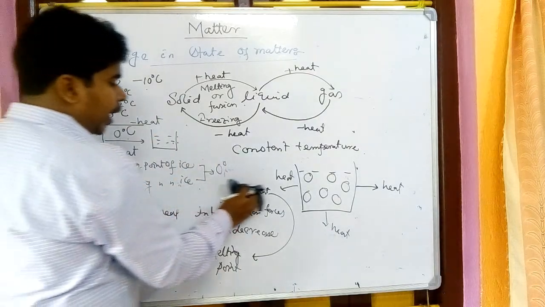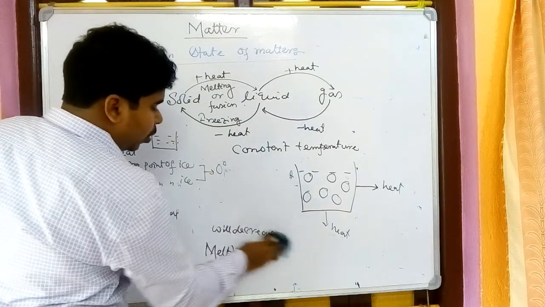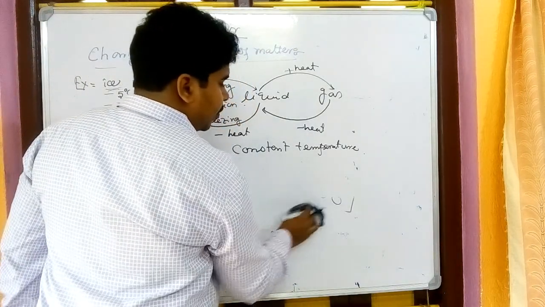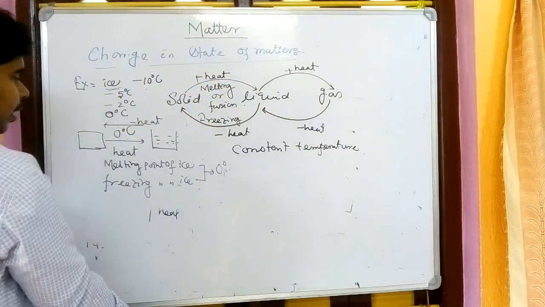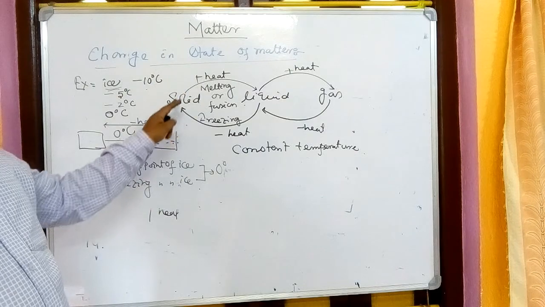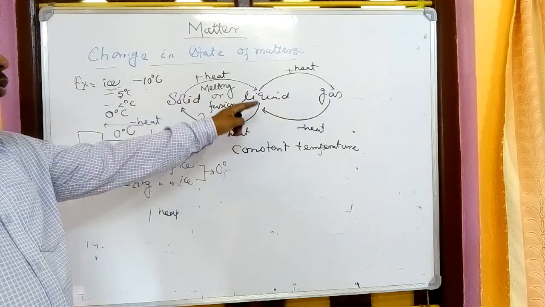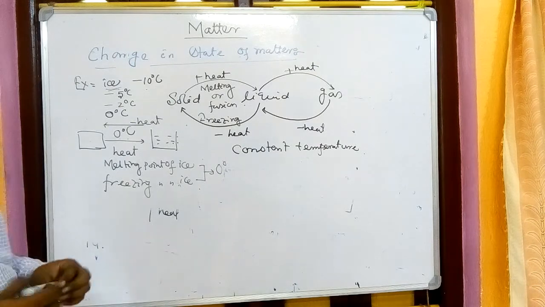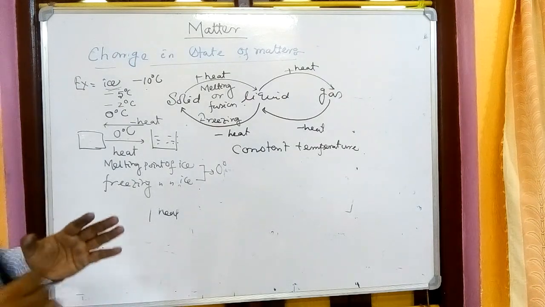Melting point and freezing point should always be the same. I think it is clear enough. So you have understood how a solid is converted into liquid and how a liquid is converted into solid.